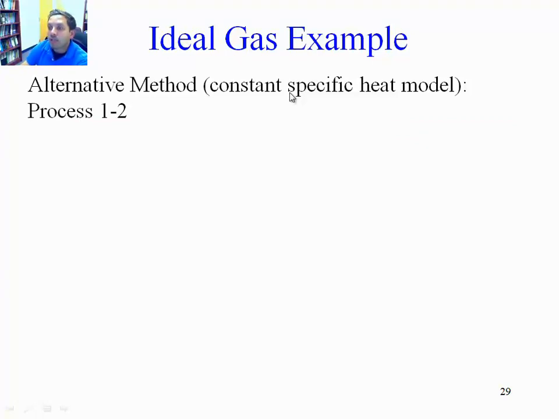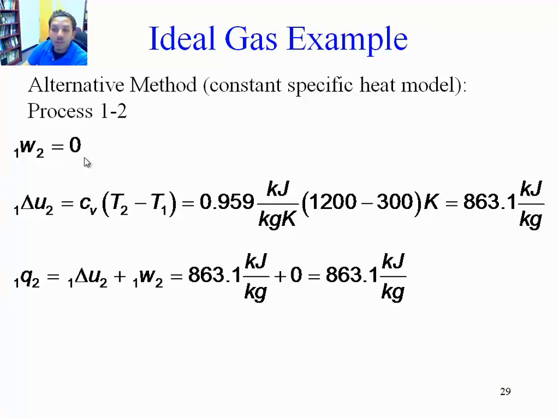So let's do the alternative method in the process 1-2. The work is still 0. The fact that the specific heats are constant has no relevance over the work. But the delta U can be calculated now as Cv times delta T, where Cv from 1 to 2, we just wrote that on the table, is 0.959. The delta T is 1200 minus 300.